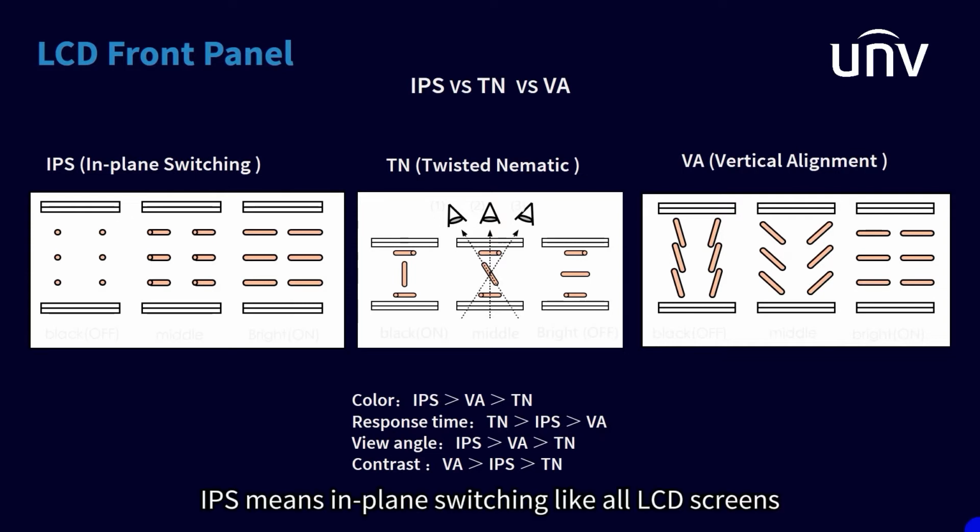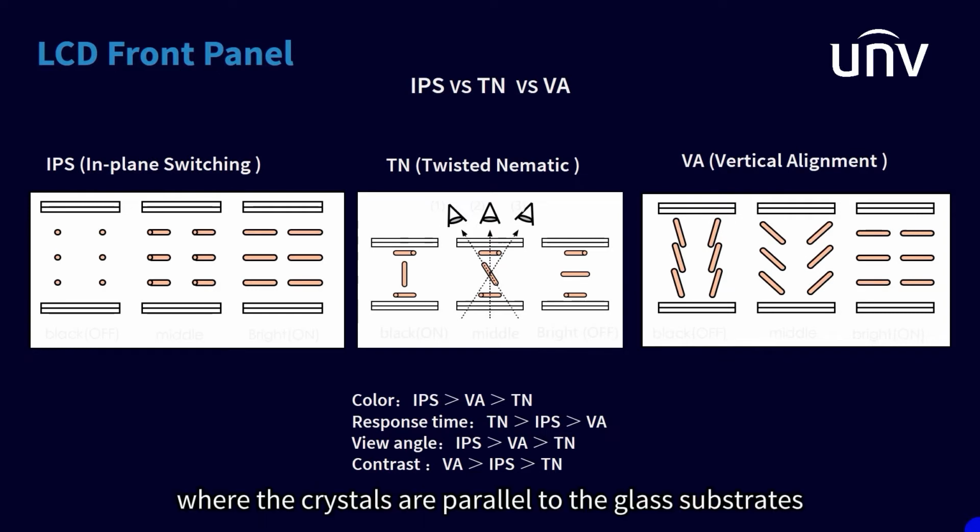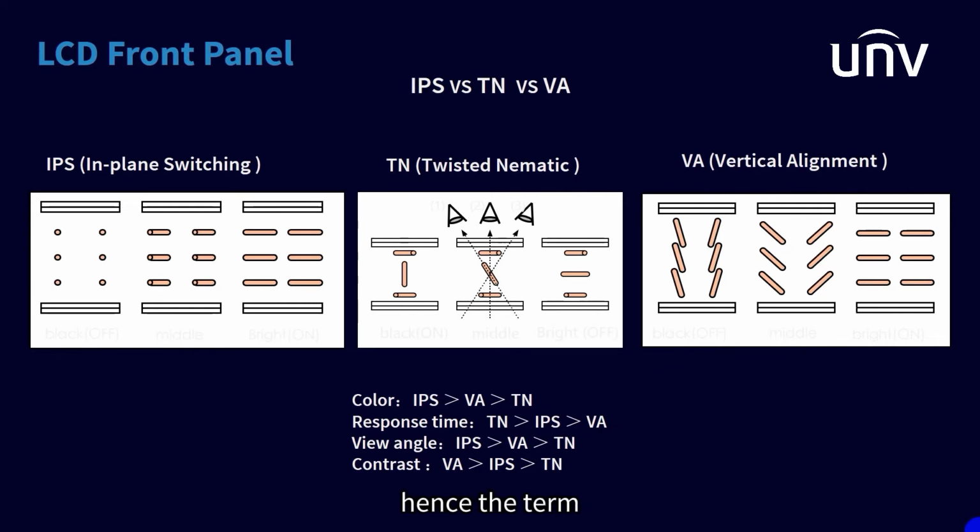Secondly, IPS means in-plane switching. Like all LCD screens, it uses voltage to control the alignment of liquid crystals, but unlike TN, IPS LCD uses a different crystal orientation, where the crystals are parallel to the glass substrates, hence the term in-plane. The panel of an IPS screen is harder. When you touch the screen lightly, the screen will not be distorted.